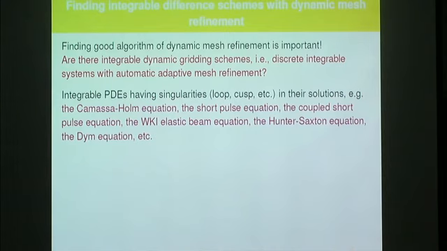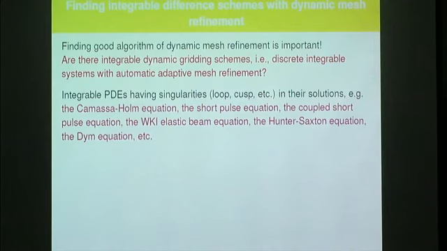And to make this kind of discrete integrable system, we considered the Camassa-Holm equation, the short pulse equation, and the WKI elastic beam or Hasimoto equation. These equations have singularities in their solutions.